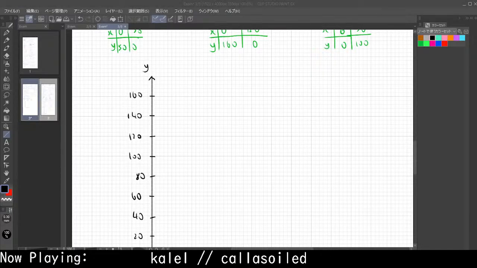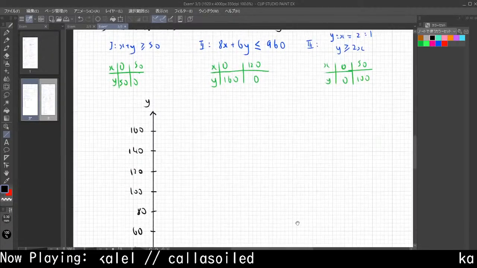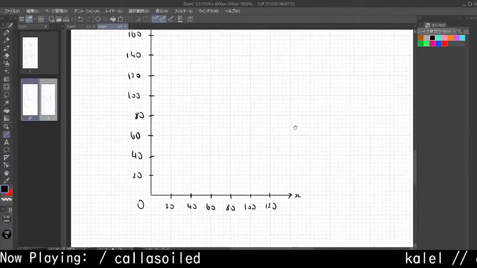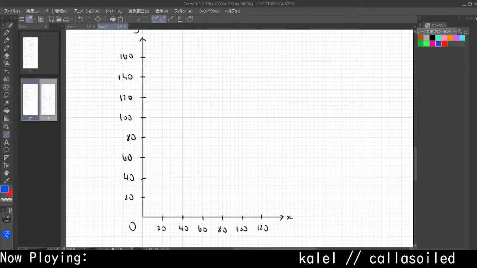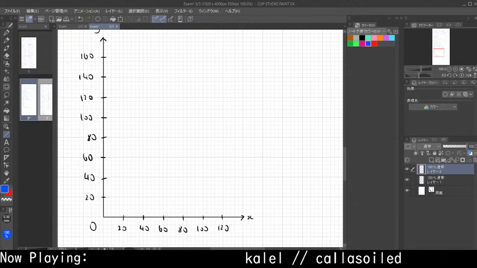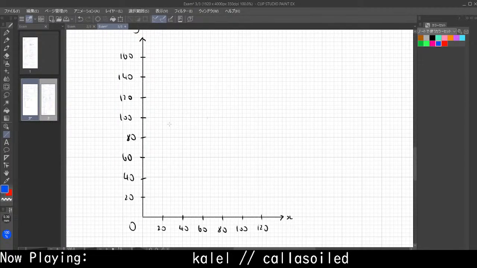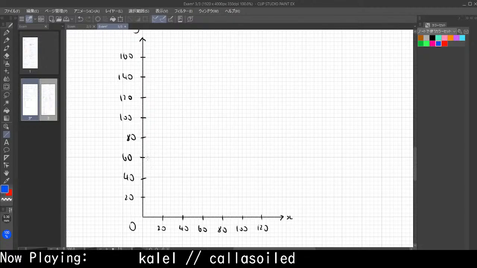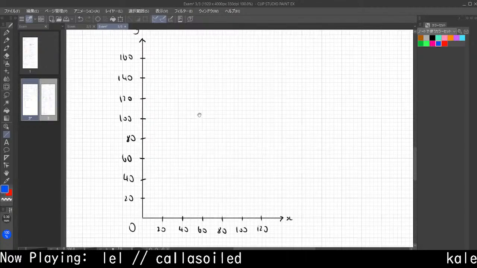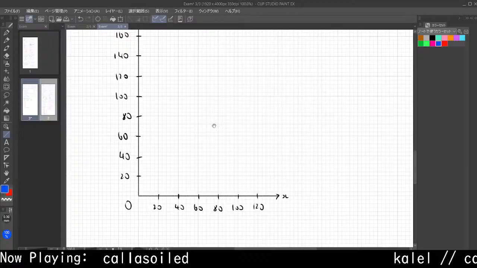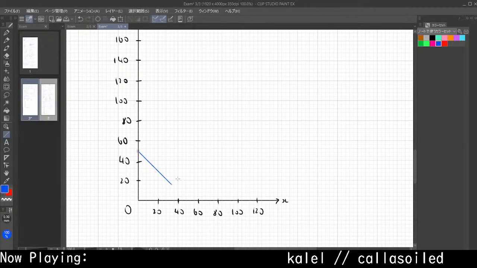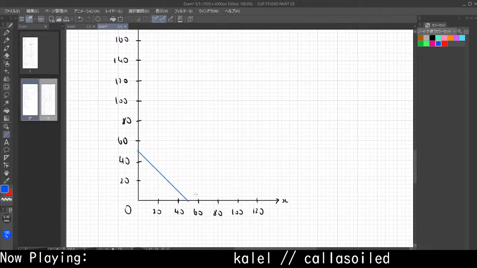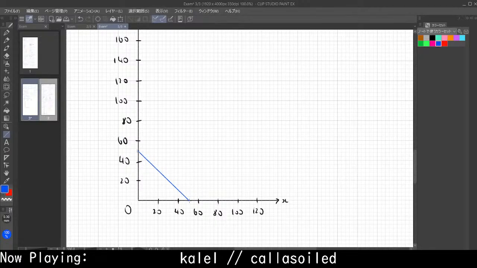First line, x plus y is greater than or equal to 50. So both of them will touch the 50-50 line. According to this, x is 0, y is 50. And then y is 0, x is 50. So somewhere around here.